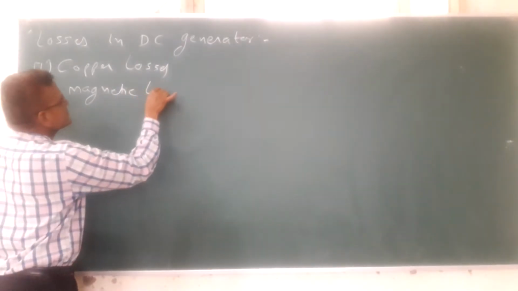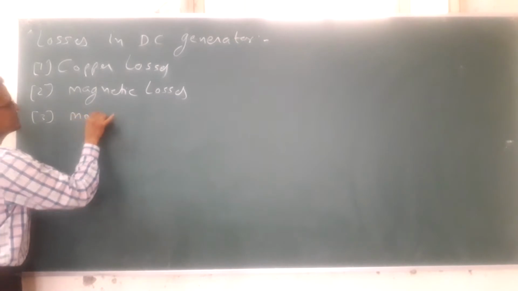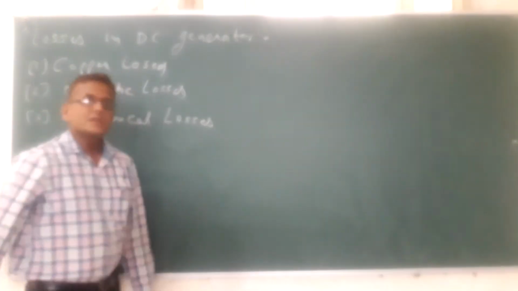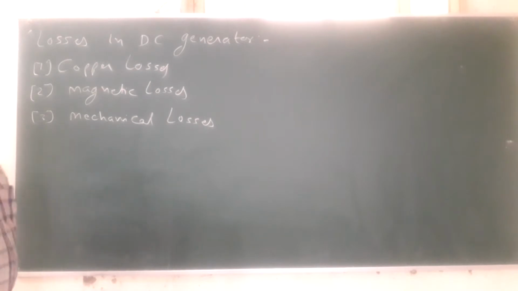Second is magnetic losses. And third is mechanical losses. Now, we will discuss each of these losses one by one.